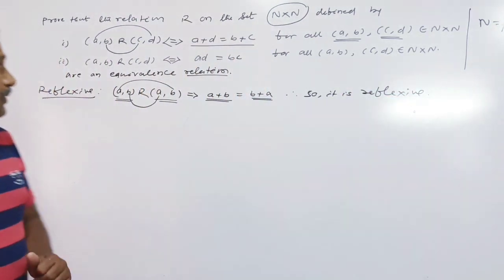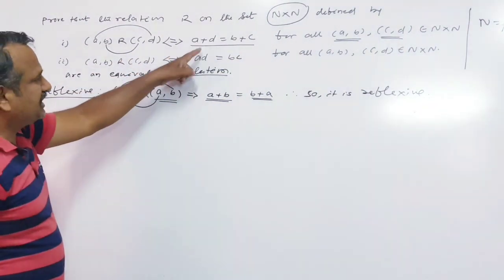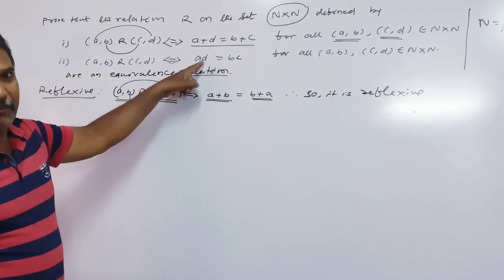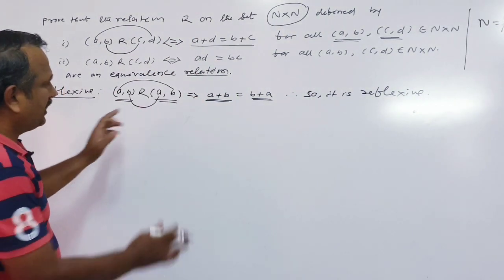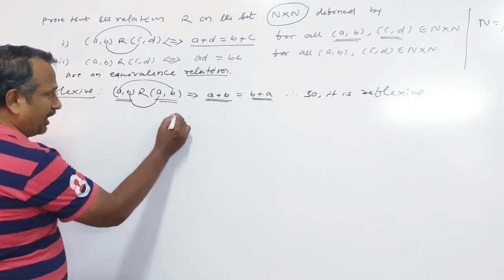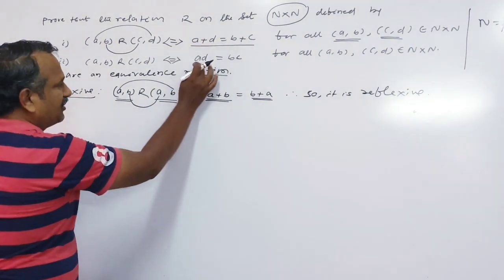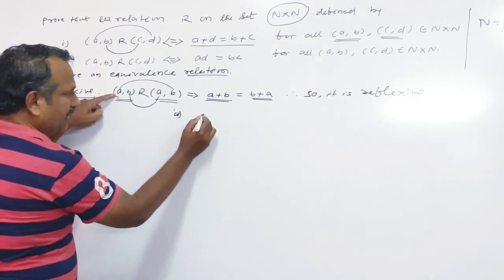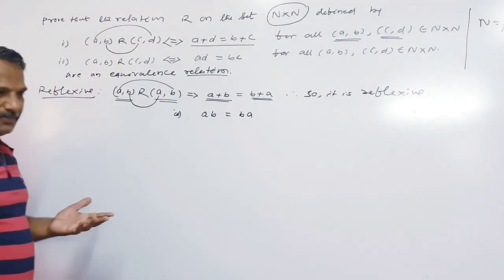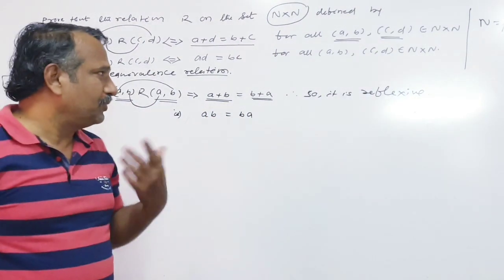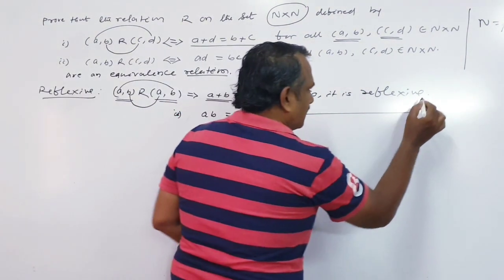Now here, instead of plus, dot is given for multiplication. For the second example, A into B equal to B into A. Yes, 2 into 3 equal to 3 into 2. This is also reflexive.